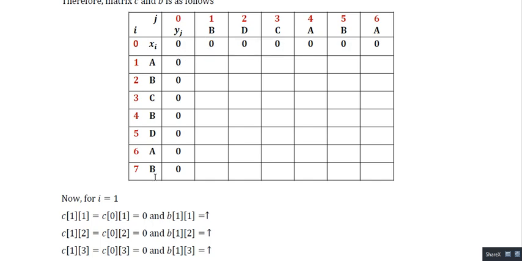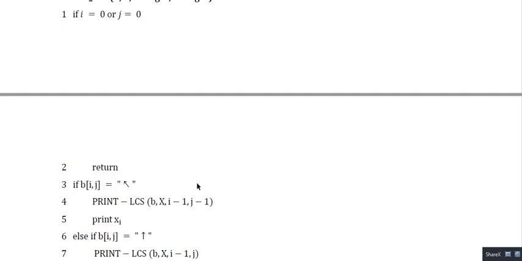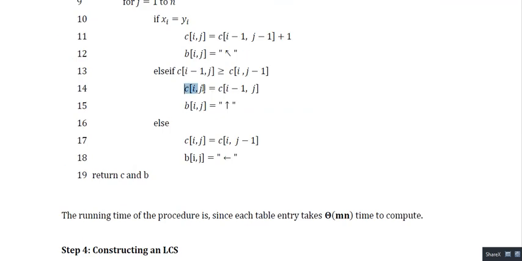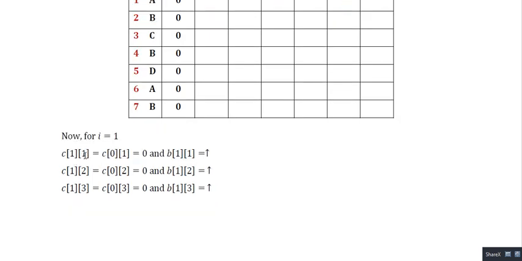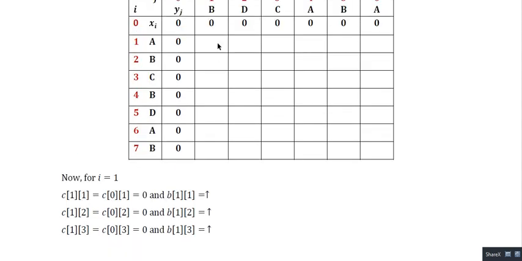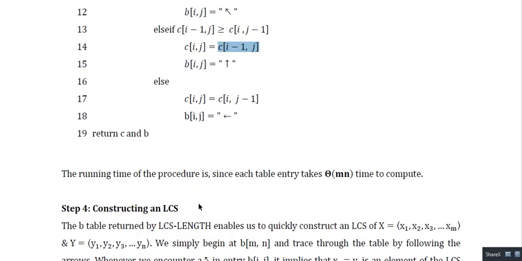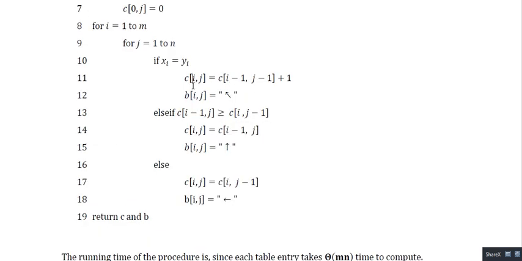So you can write C[i][j] equal to C[i-1][j]. So in place of C11, we can write C[1-1][1], that is C01, which is equal to 0. So we have to put this as 0. And B11 will be, second case means up arrow, equal means diagonal arrow, just keep in your mind, and the third case means left arrow.